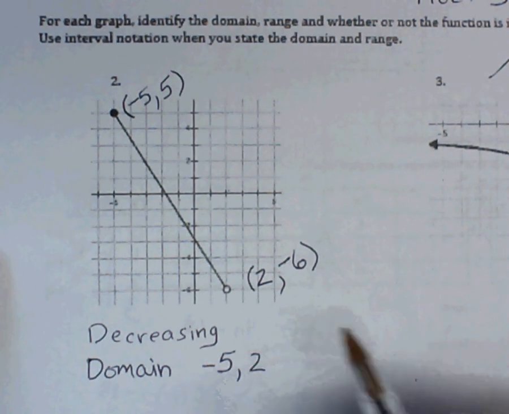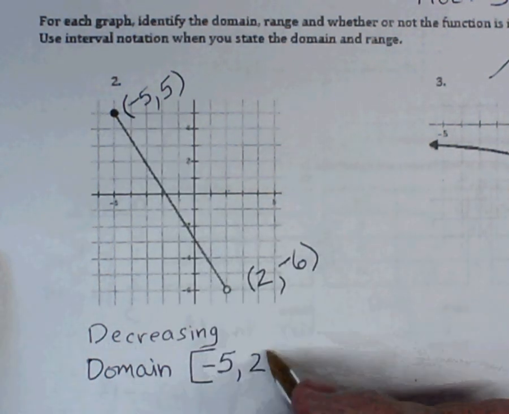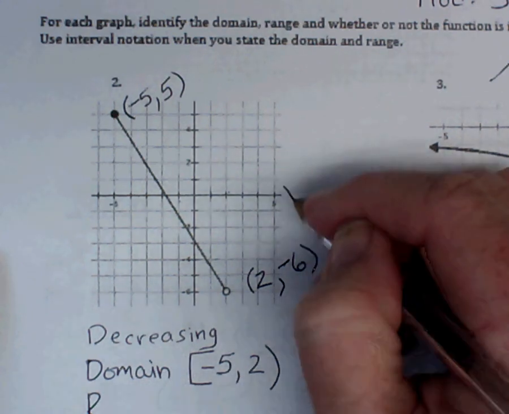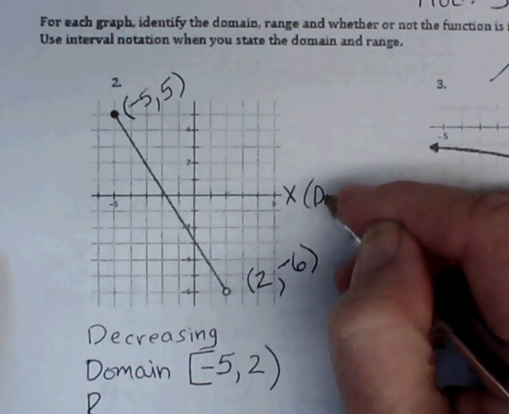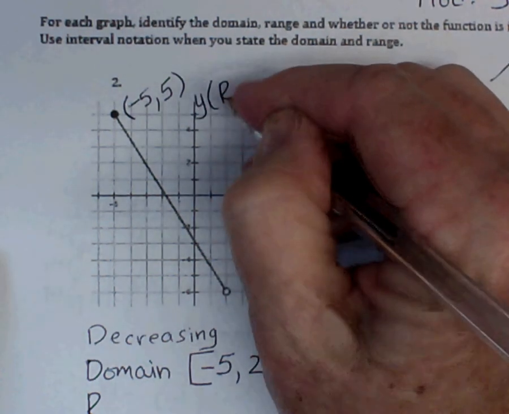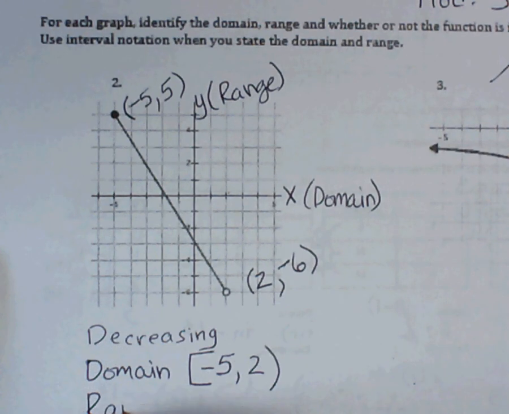And so I have to figure out, this is a closed dot, square bracket, open dot, round bracket. All right, so domain, remember, is the x values, x, domain. Y values are the range. So, range.